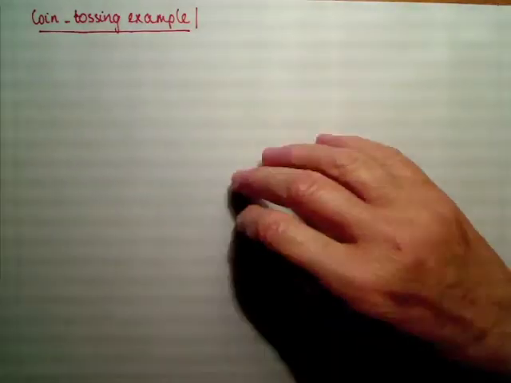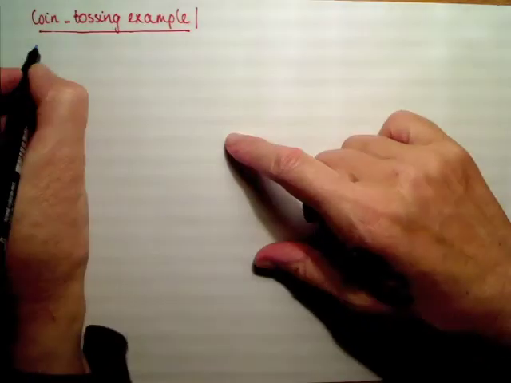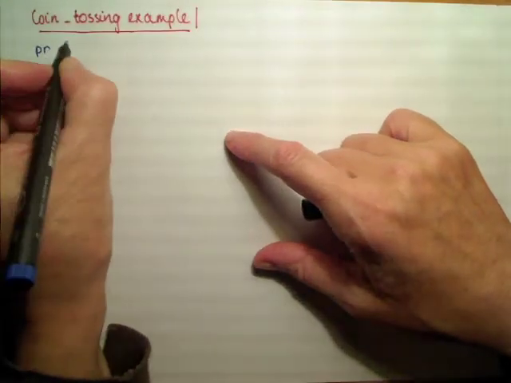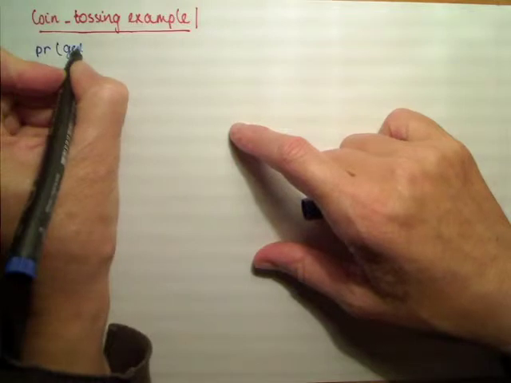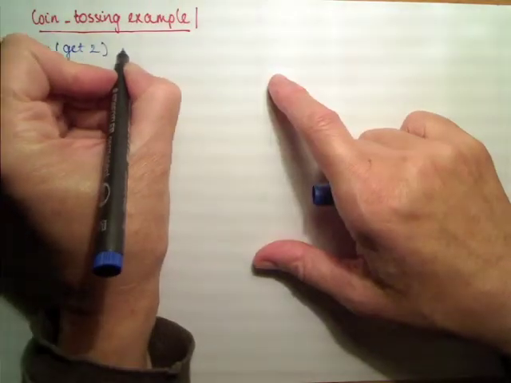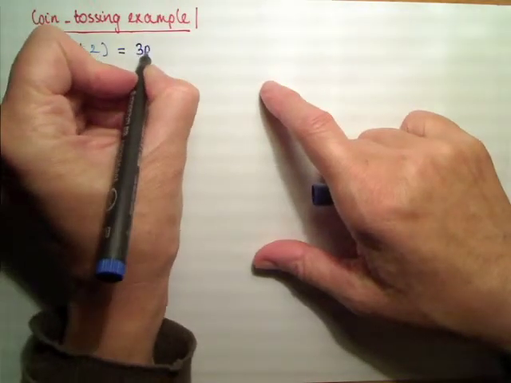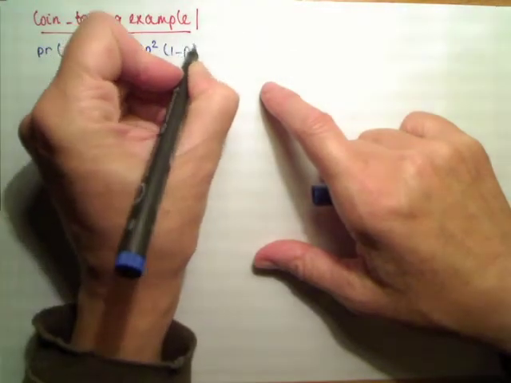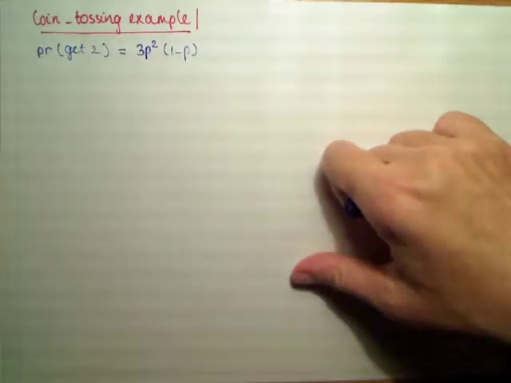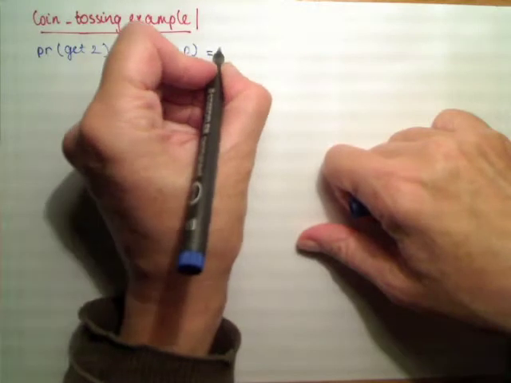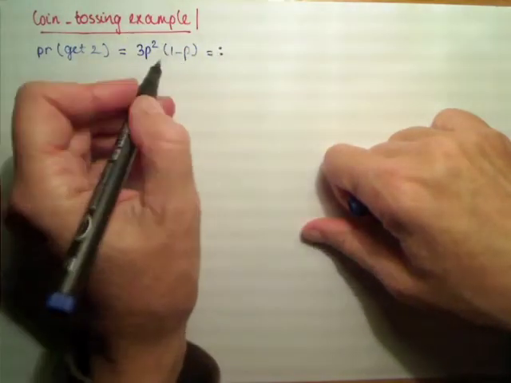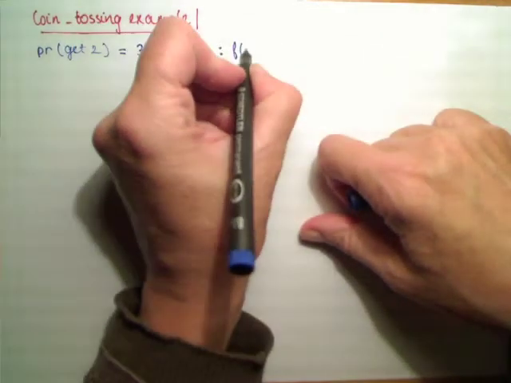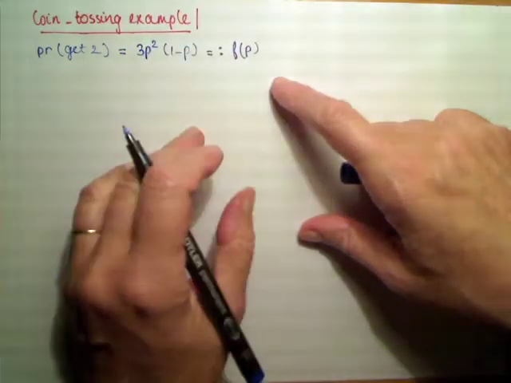We calculated the probability of getting 2 heads in 3 coin tosses. This probability was 3p squared multiplied by 1 minus p. Now, since p can vary, p is an unknown input variable, so we can interpret it as a function of p.